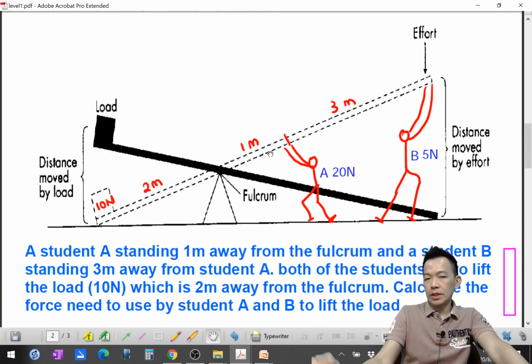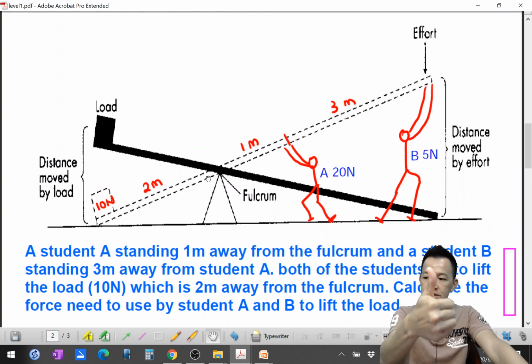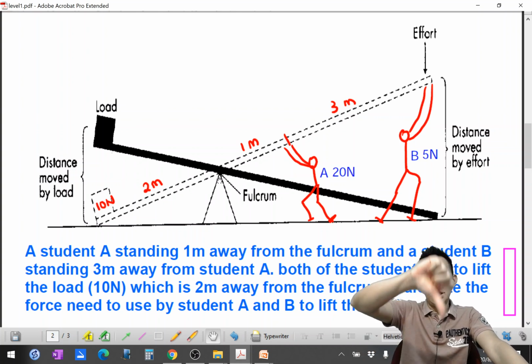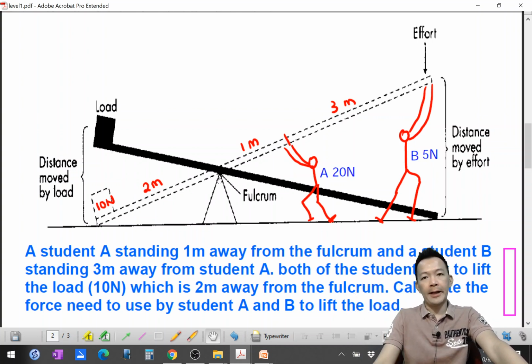For whatever lever, when the effort distance is longer than the load distance, the lever will be a good lever. Or if your effort distance is shorter compared to the load distance, the lever will be a bad lever.